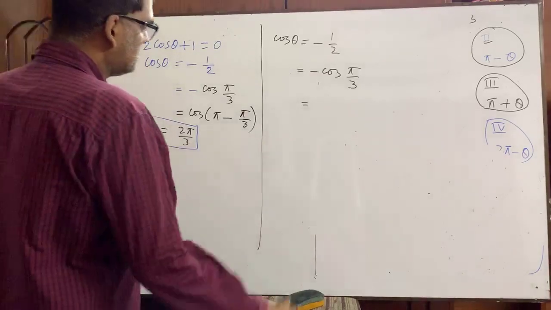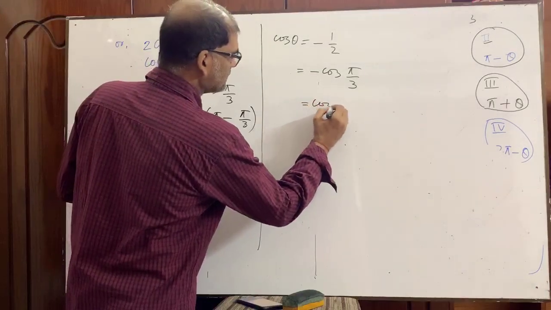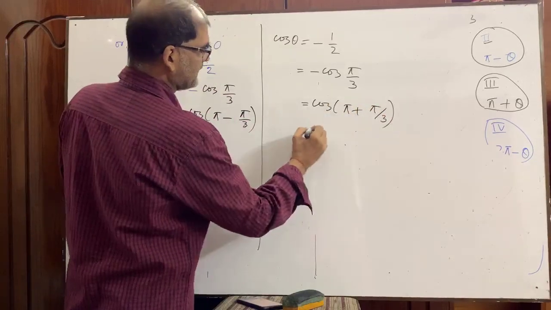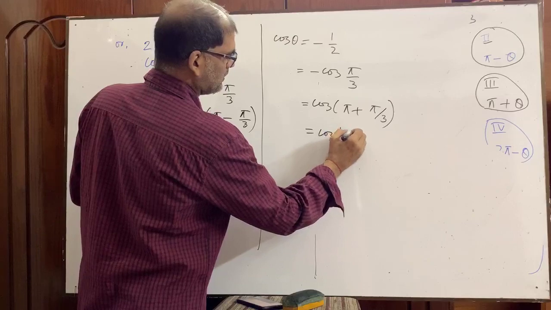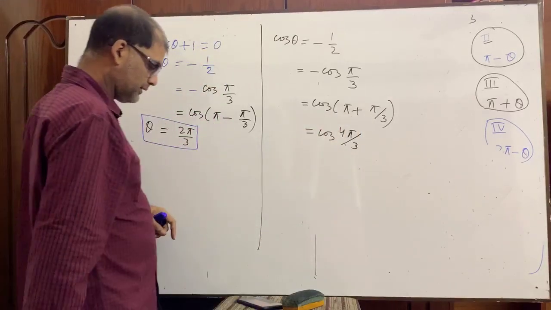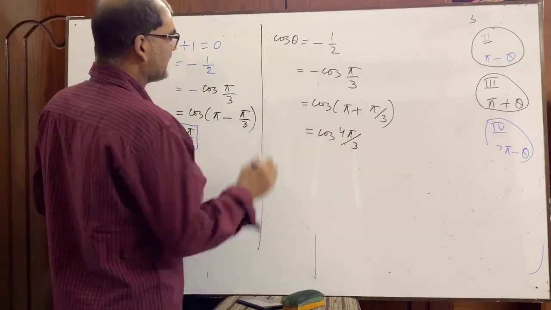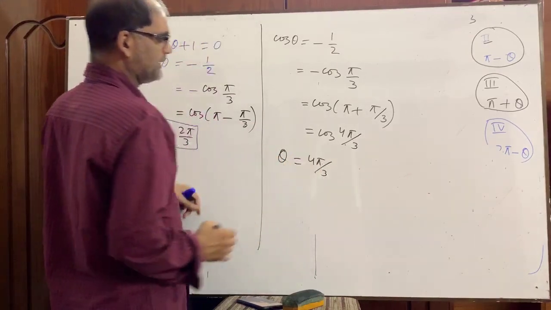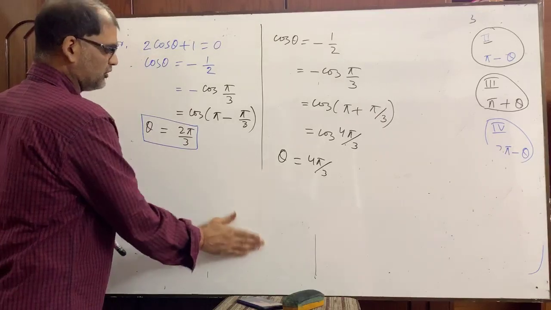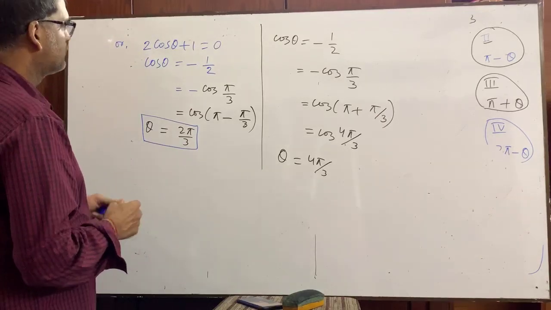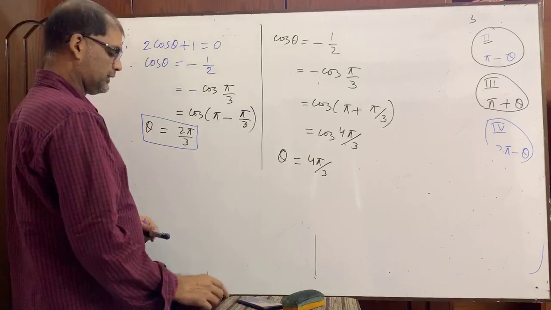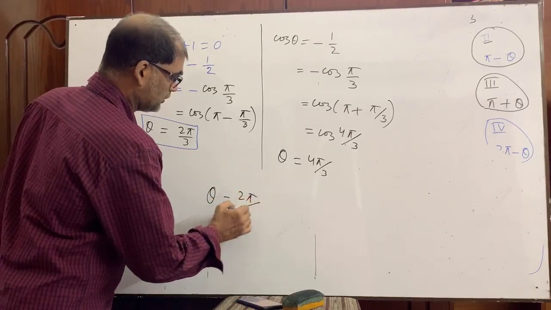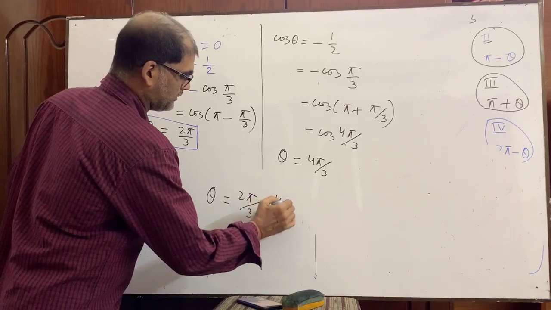Very good. You will write cos pi plus theta, that is cos 4 pi by 3. That means theta equals to 4 pi by 3. So we have got the values of theta both in the second quadrant and in the third quadrant. That means we can write here theta equals to 2 pi by 3 and 4 pi by 3.